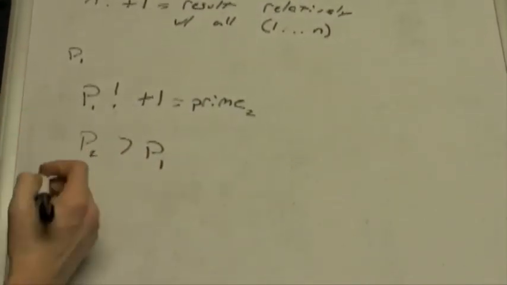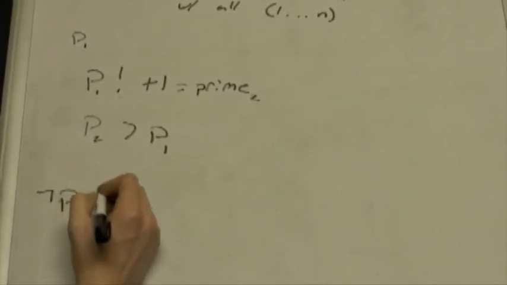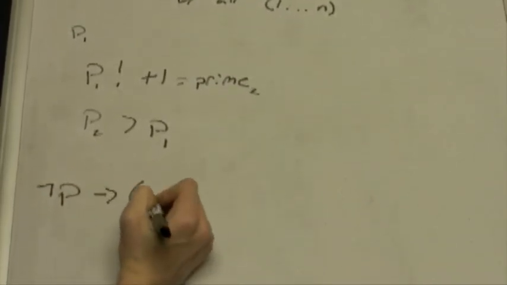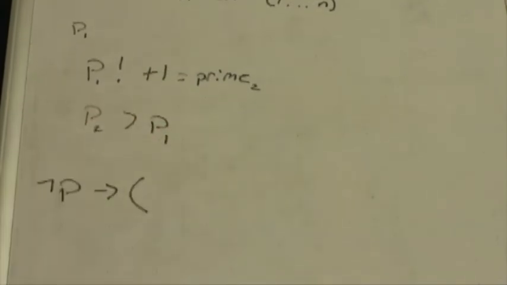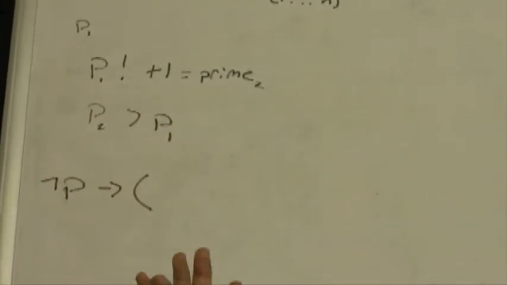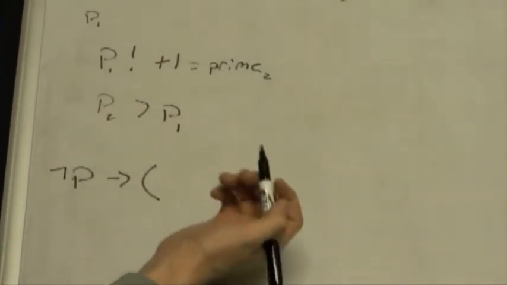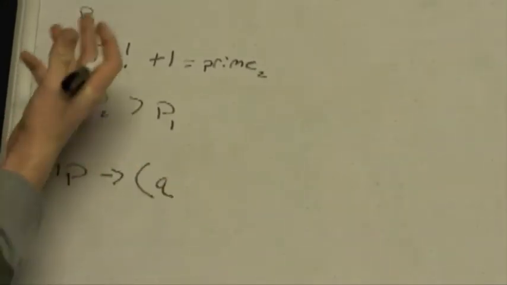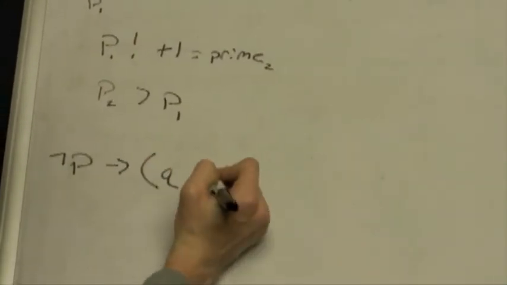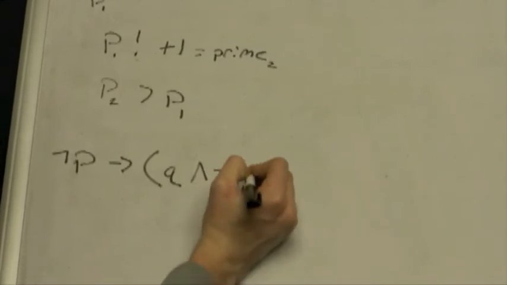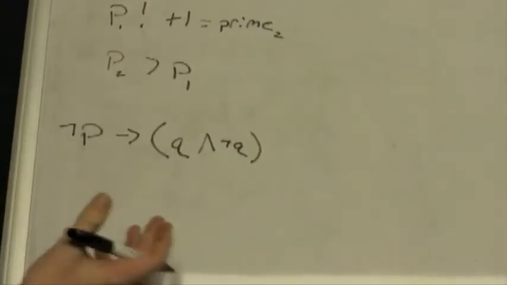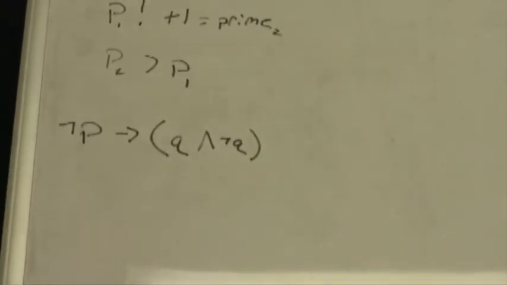Therefore, if we look at our negated proposition, we're implying something and its negation. For example, we are implying, let's say Q, that there is a largest prime, and not Q, since we have just shown that we have found a prime larger than what we believe to be our largest prime.